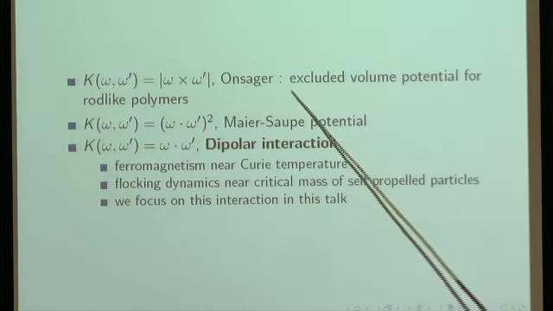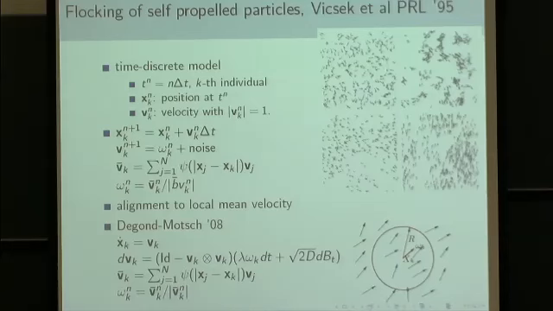This is a paper by Vicsek in '95 which generated a lot of interest. He tried to simply formulate dynamics for birds, with a simple discrete version of time, location and speed, and self-propelled. That means the birds move with their own energy at unit speed.